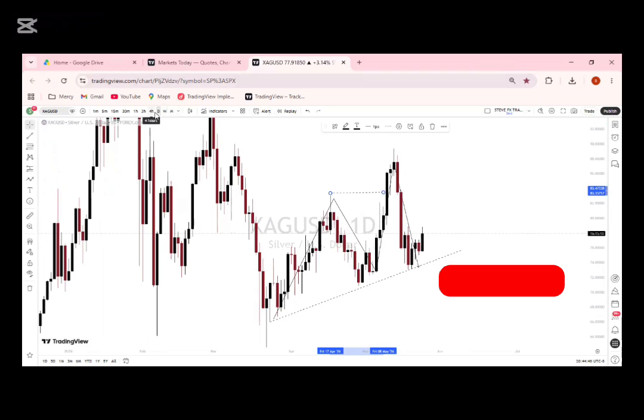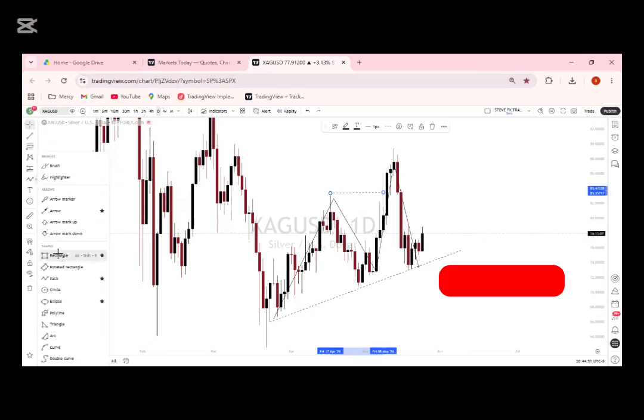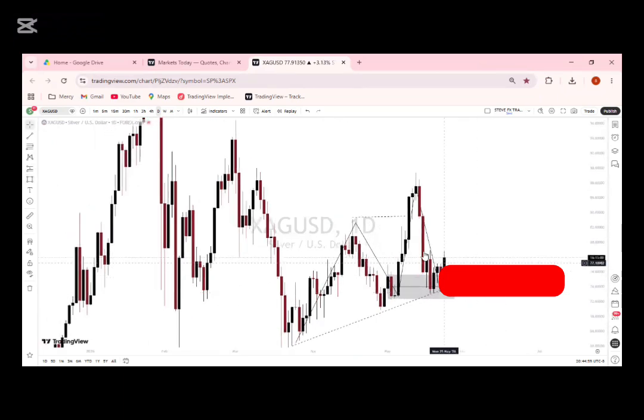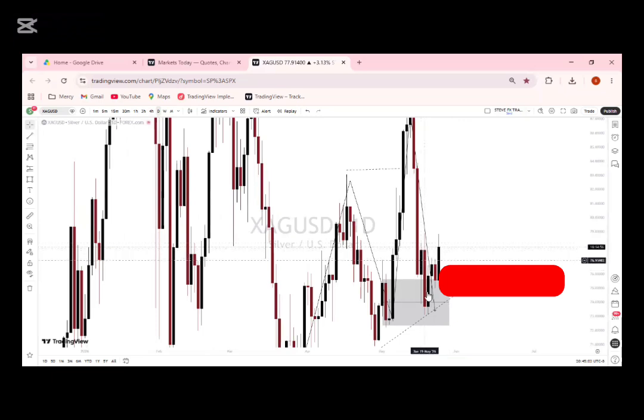We then refine it and see that the market reacted to this order block from here. The market reacted to that particular order block, and then we are seeing bullish structure formation.